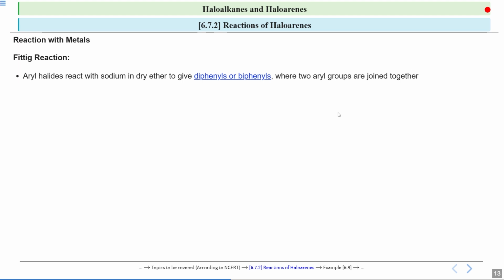So in the Wurtz-Fittig reaction, your product is a combination of an alkyl and an aryl group. In the Fittig reaction, your product is a combination of two aryl groups.